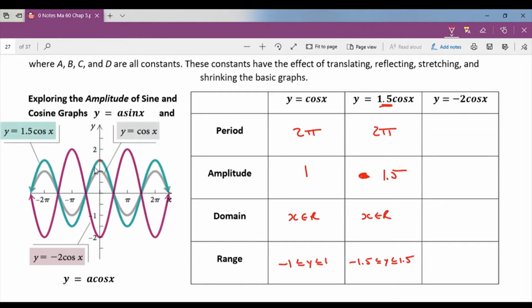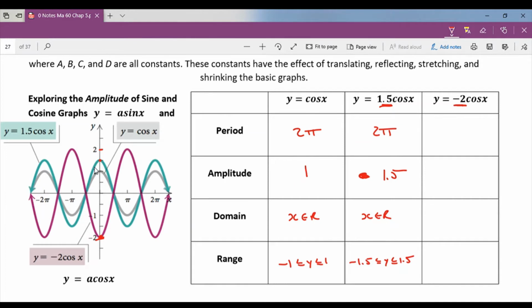If we look at the next transformation, which is y equals -2 cos x, this is our purple graph. There's two things that have happened. One, our amplitude has changed. You've been vertically stretched by a factor of 2, so instead of going up to 1, you'd go up to 2. But it's also been reflected in the y values over the x-axis. So you're starting at -2, then you go up to 0, up to +2, and so on.